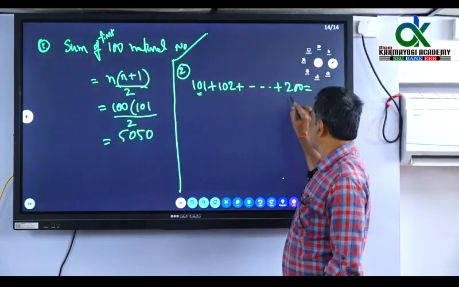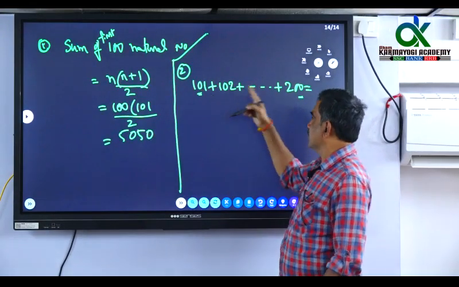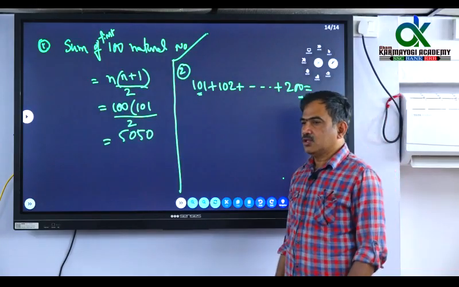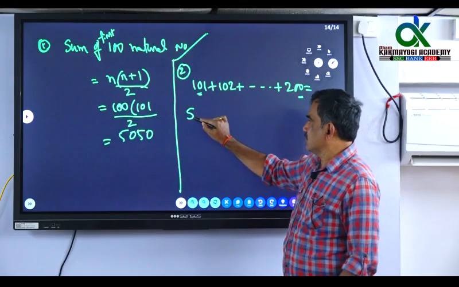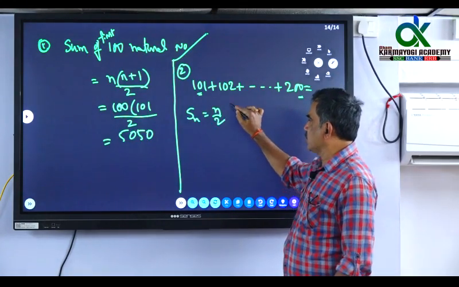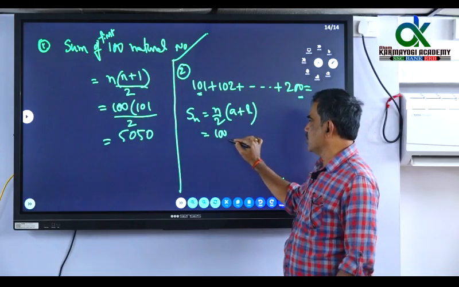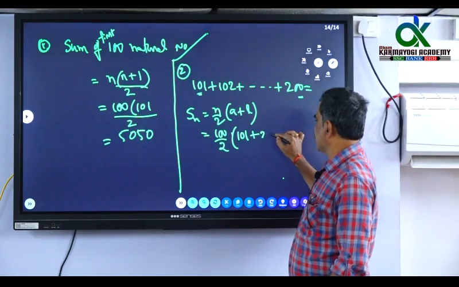Number 1, first term and last term are known and number of terms are known. How many terms are there from 101 to 200? 101 నుంచి 200 దాకా ఎన్ని నెంబర్స్ ఉన్నాయంటే 100 నెంబర్స్ ఉంటాయి. So what is sum? Sum is nothing but n by 2 into a plus l according to arithmetic progression. So 100 by 2 into a, first term is 101, last term is 200.